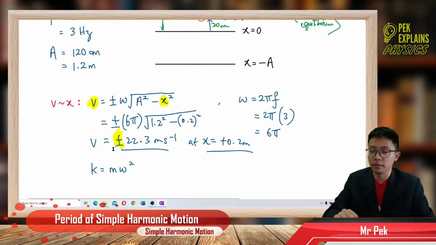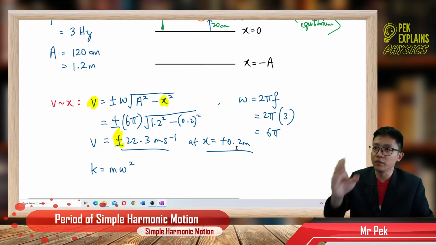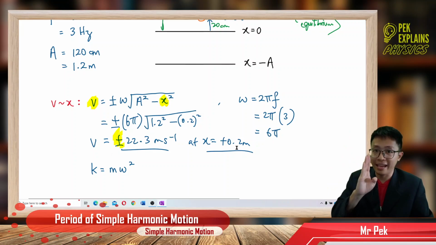It has two possibilities, that's why we put the positive negative sign. Only if you give a certain time, then we can know for sure the direction of velocity.